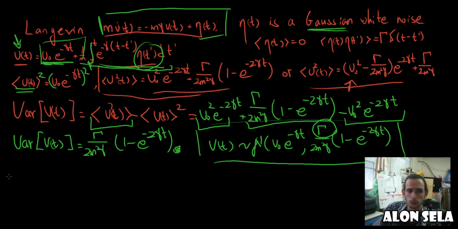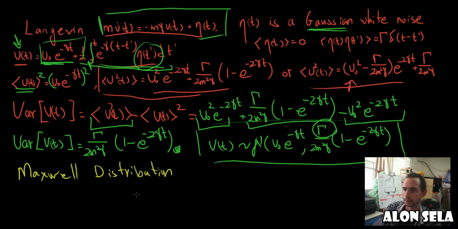So according to the Maxwell distribution, we get that the velocity of a particle, I'm writing here a small m to distinguish between the velocity which we found and the Maxwell distribution velocity.